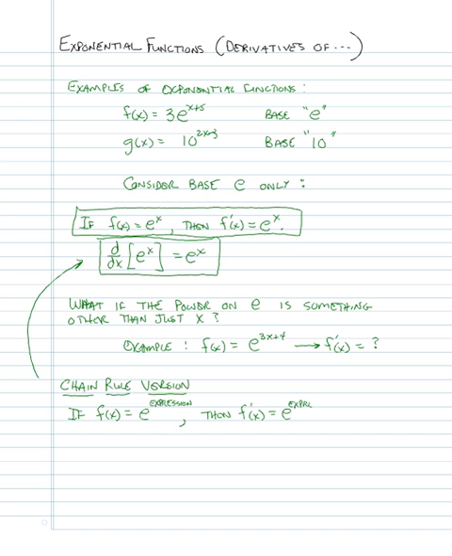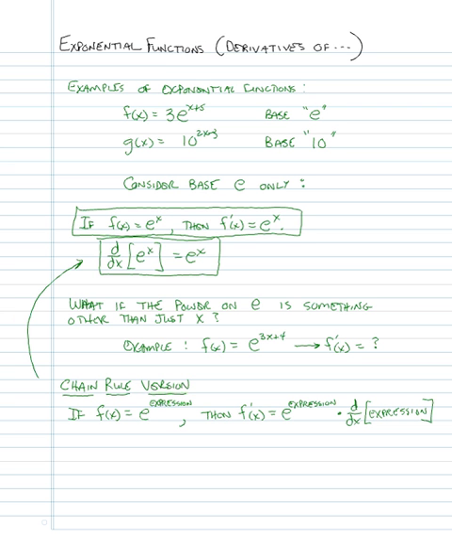So that part kind of looks like above. But the chain rule tells us that we then have to multiply that with the derivative of that power, and that power, of course, is the expression.